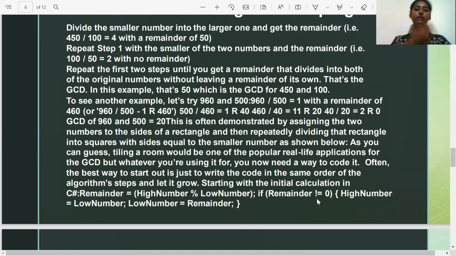Remainder is equal to high number percent low number. If remainder is not equal to 0, high number is equal to low number, low number is equal to remainder.